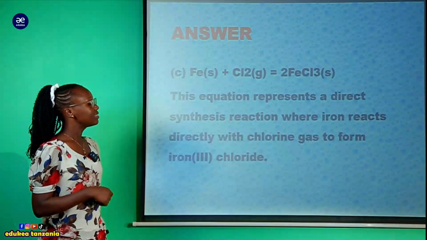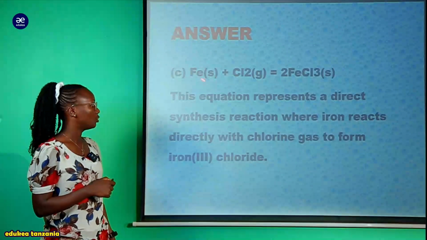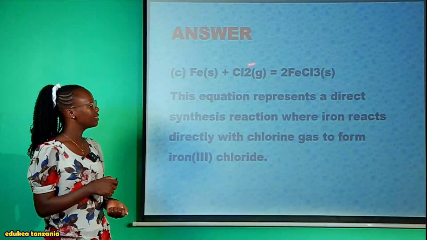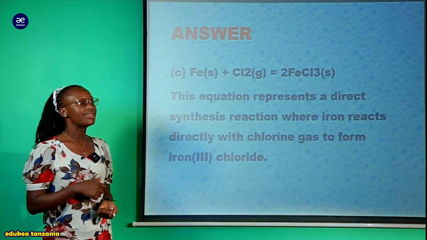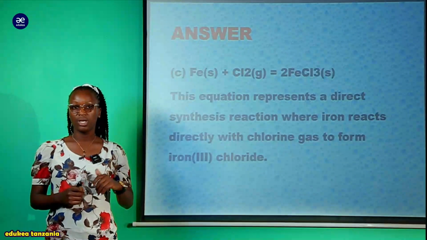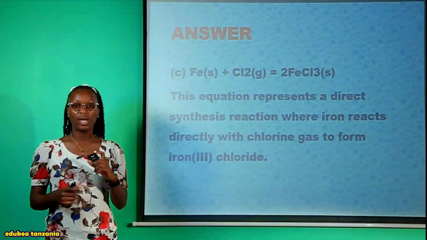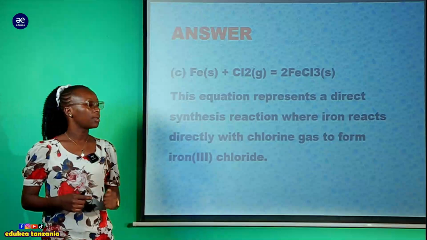Simply, C is the equation which shows the reaction between iron metal plus chlorine. Chlorine acts as diatomic, and as you see here, this is the gas. We are going to have iron 3 chloride. My students, once you read a balanced chemical equation, make sure you remember to put the states of matter, which is one of the conditions that satisfy a balanced chemical equation.